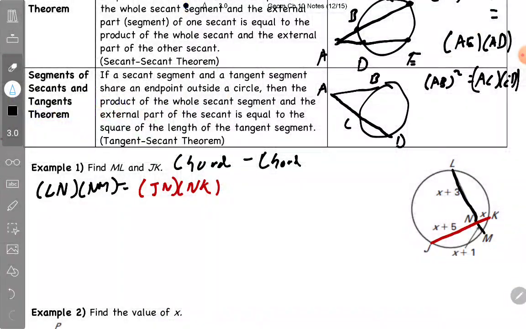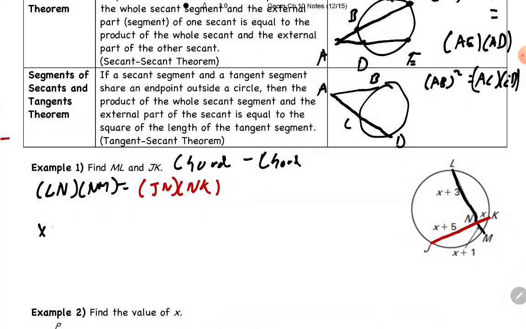So let's put in what we know. LN is x plus 3 times NM, which is x plus 1. Well, this is going to be a little rough. JN is x plus 5, and NK is going to be just x.